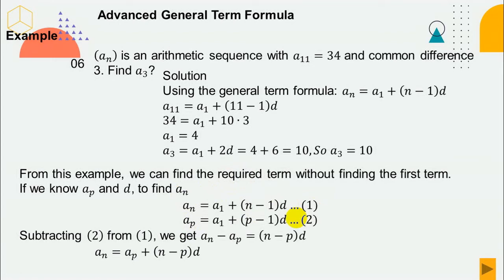It's just a variable, everyone, it doesn't matter. So when we subtract 2 from 1, we get aₙ minus the pth term equals n minus p times d. Because we want to get the nth term, the nth term equals the pth term plus n minus p times d.